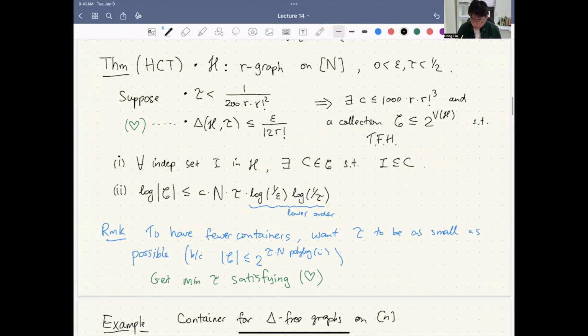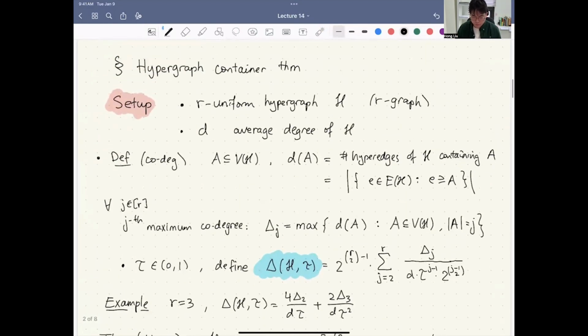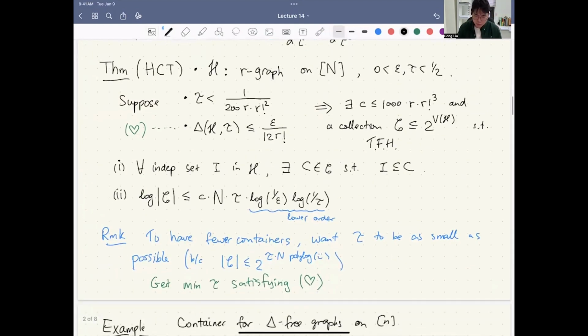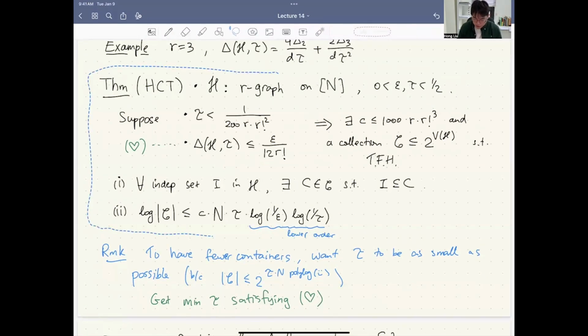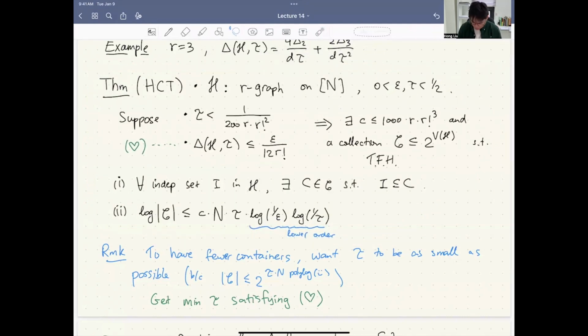There's a third property I didn't write, which is each container is almost independent sets.